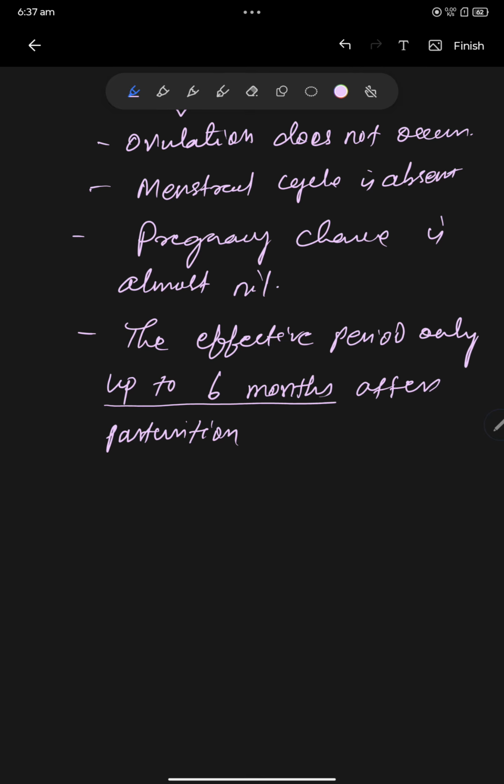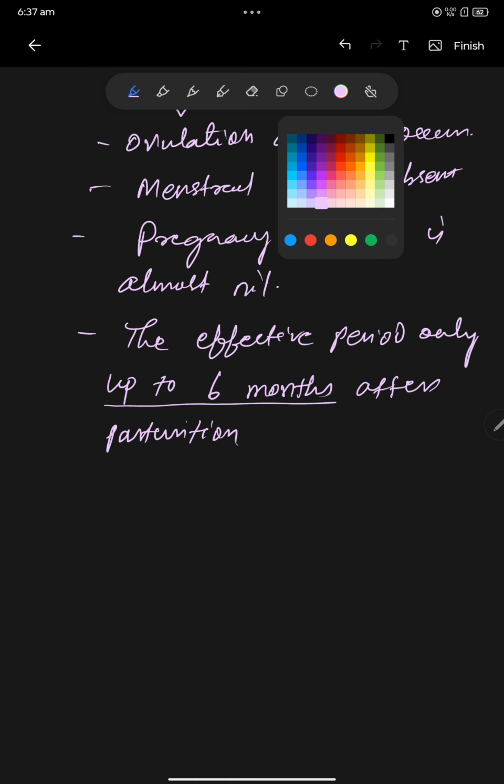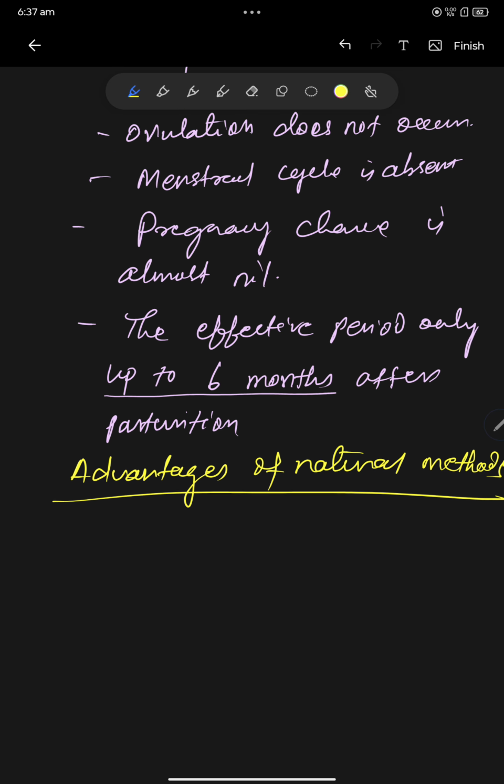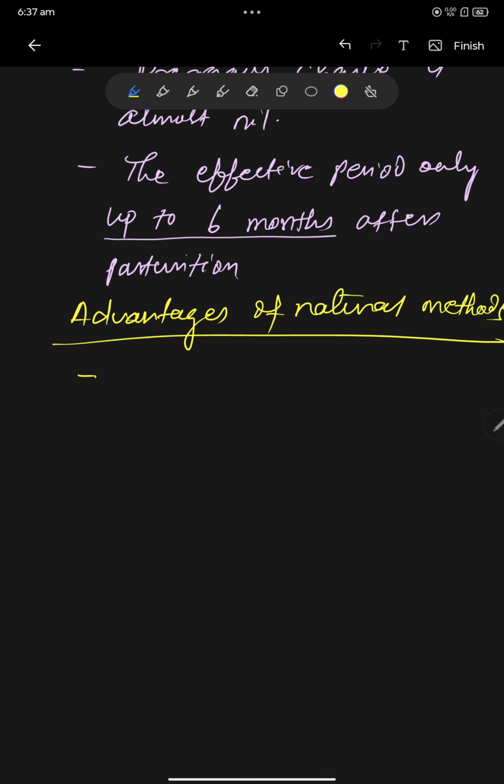Let us see the advantages of natural methods. The first advantage is that no medicine is used. When you take any medicine as a contraceptive, there is always a side effect.